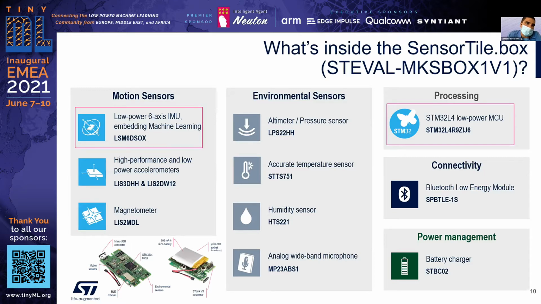And then regarding the environmental sensors, you can find a pressure sensor, an accurate temperature sensor, a humidity sensor, and also an analog wideband microphone. Regarding the processing, the microcontroller is an STM32L4+ MCU, a low power, high performance family of our STM32 products. Regarding the connectivity, you can find a Bluetooth Low Energy module based on the BlueNRG-1 chip. You can find also a battery charger on board.